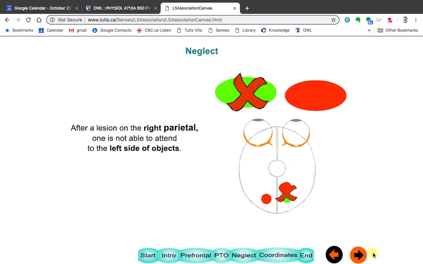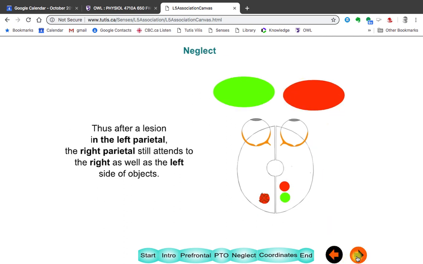So when you have a lesion on the right, you get rid of the left and the right, and you miss out on everything over the left. But since you've got a right over here, you don't miss out on things on this side. In contrast, when you have a lesion on this side, you can see both sides because it's still being represented on your right parietal cortex.